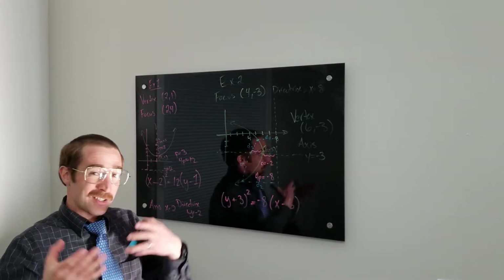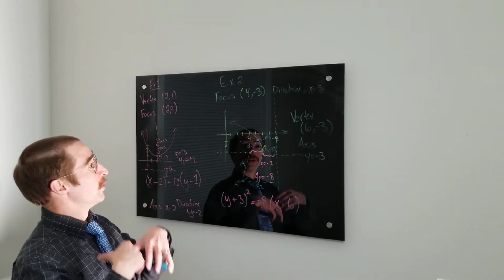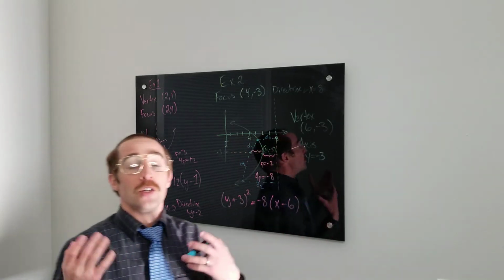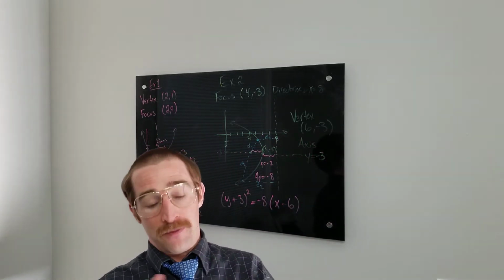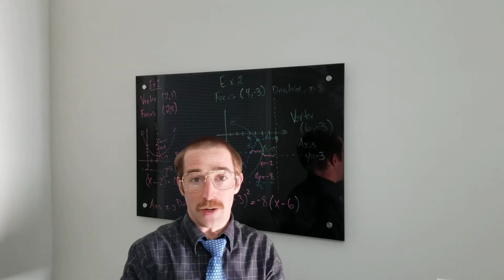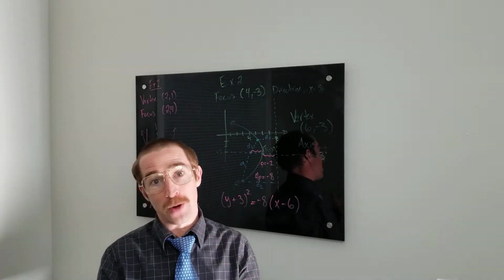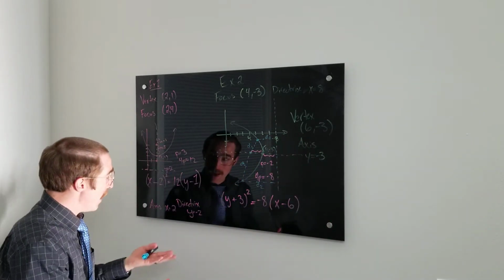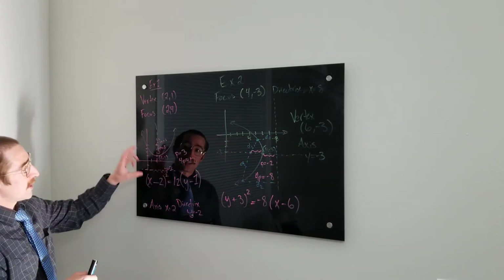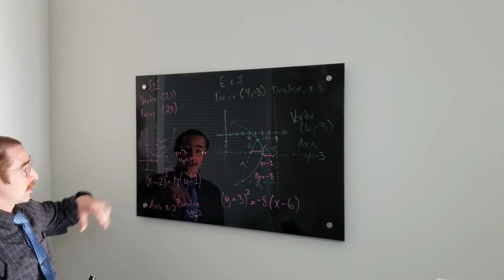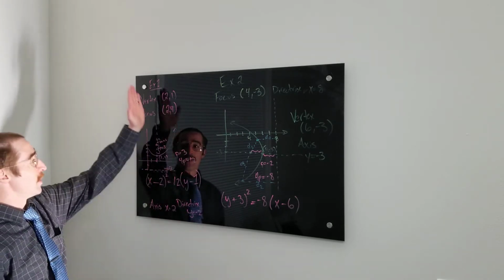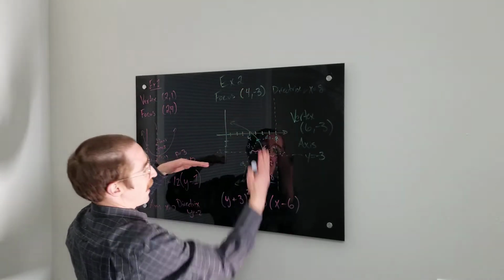So, let's just do a little bit of recapping. You are going to be given information about the focus, the vertex, the axis, or the directrix, and you will need to find the equation and the rest of the information about it. What you need to remember is that the vertex is in between the focus and the directrix. The directrix is perpendicular to the axis.